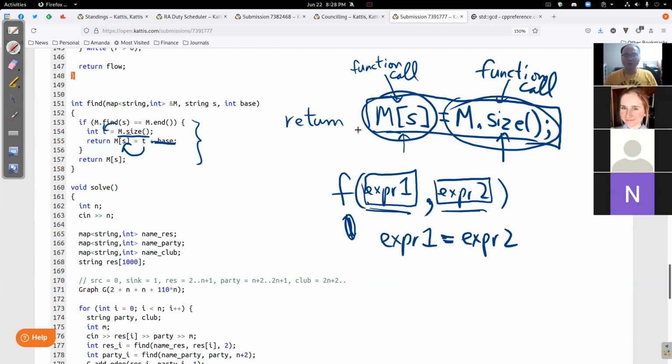So there's no way you can force C++ to execute the right-hand side before the left side, or vice versa. The only way you can force it is by breaking it into two statements, because when C++ sees a semicolon, it says, okay, you told me you must do this before you do the next thing. And that's when you force it.